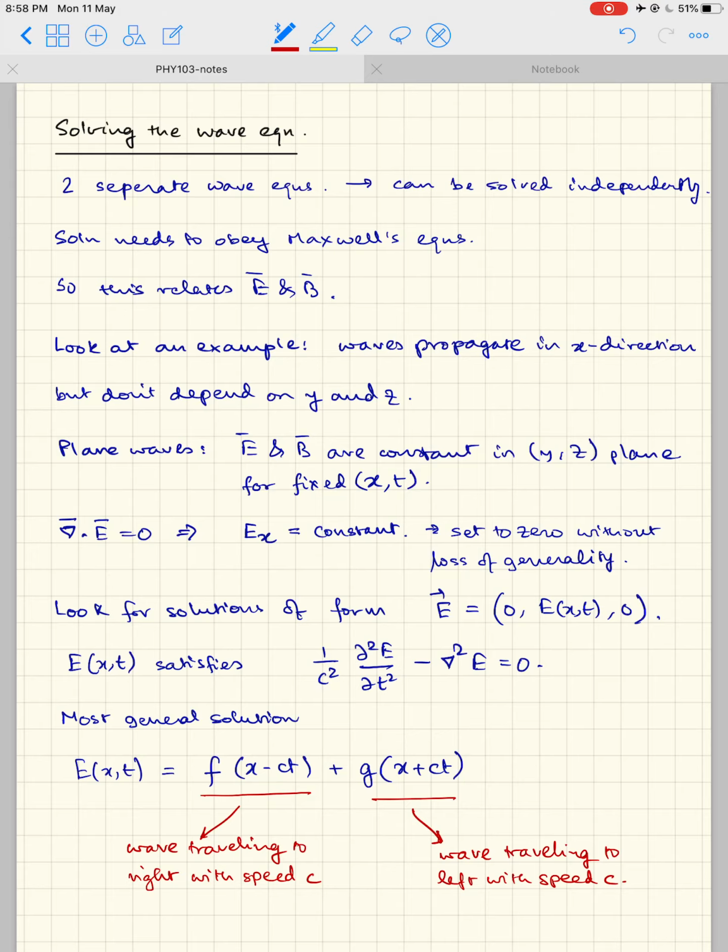So this part is actually going to be very simple. The most important class of solutions are the ones which oscillate with a single frequency. These are also called monochromatic solutions.